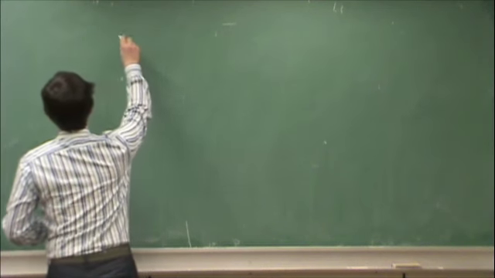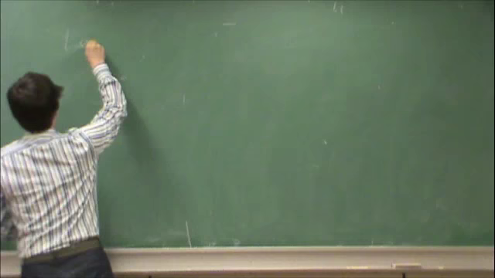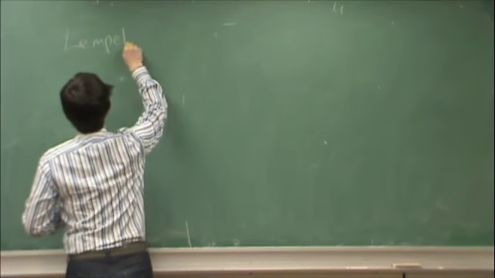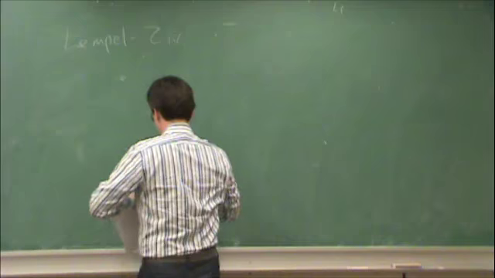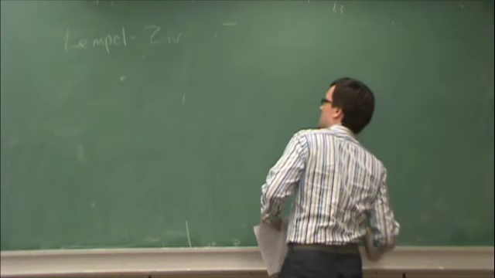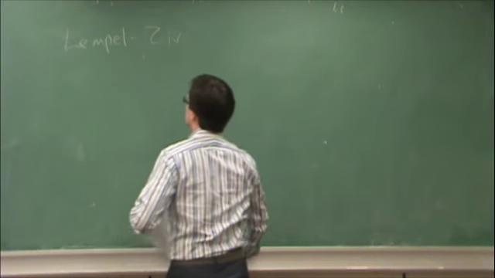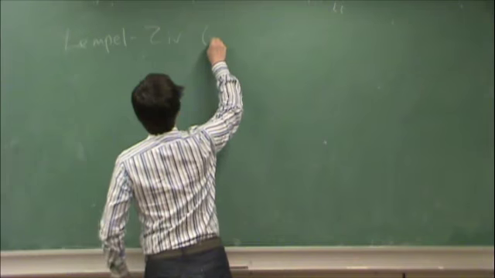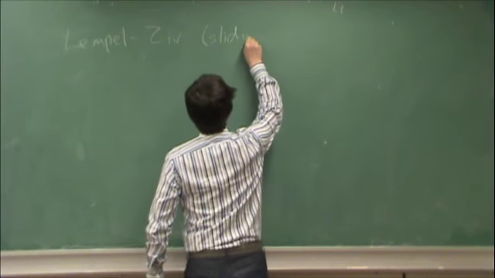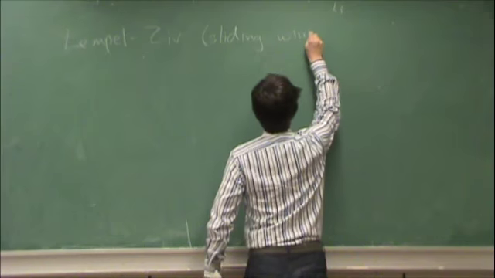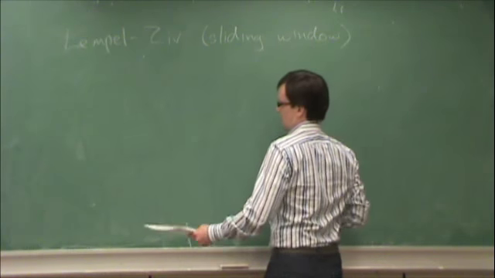Okay, so remember how Lempel-Ziv compression works. Actually, there are 2 ways. The way that I presented to you is called the sliding window method.